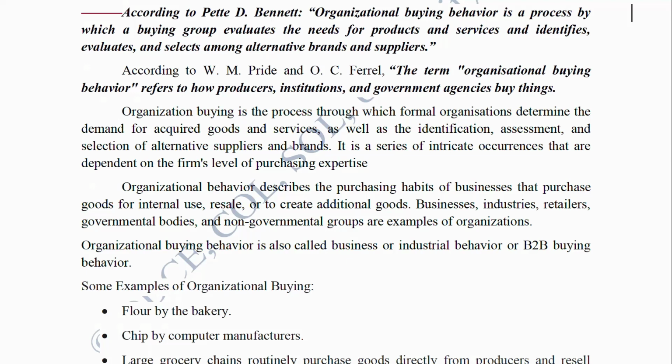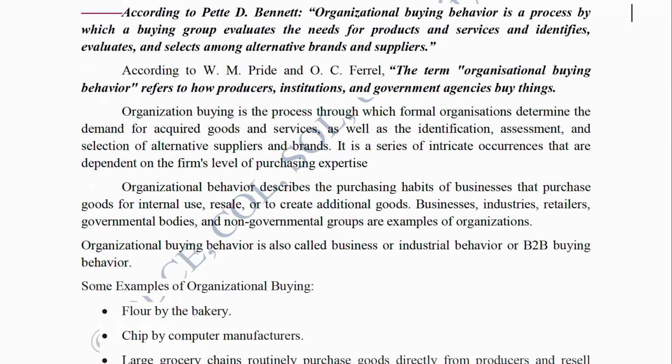Organizational behavior describes the purchasing habits of businesses that purchase goods for internal use, resale, or to create additional goods. Businesses, industries, retailers, governmental bodies, and non-governmental groups are examples of organizations.